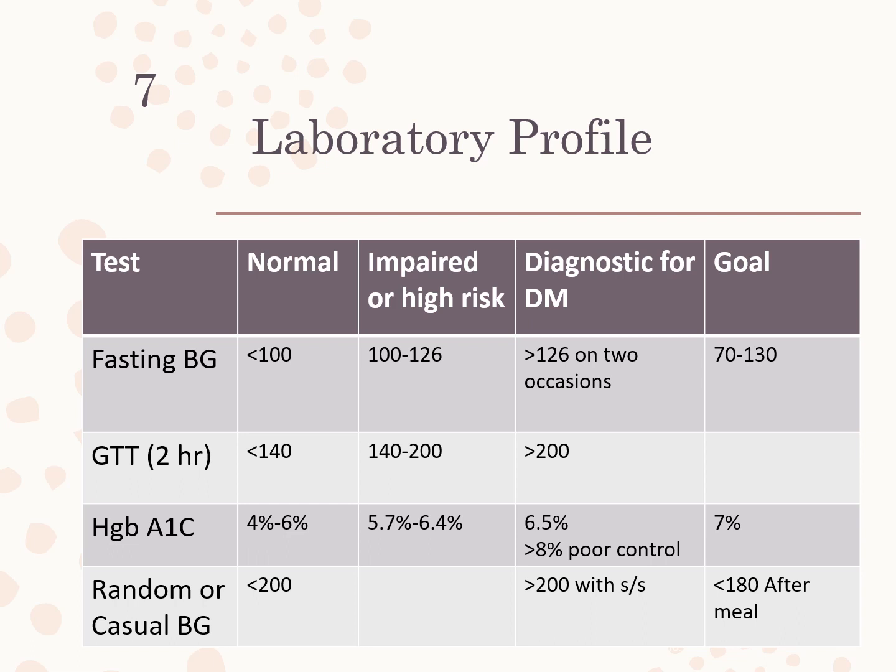It's not very good to use as a diagnosis, but it should be less than 200. And if it's greater than 200 and they have signs or symptoms, then more than likely we're going to send them for further testing. We usually use the fasting blood sugar test, the glucose tolerance test, or the hemoglobin A1C to test somebody for diabetes.